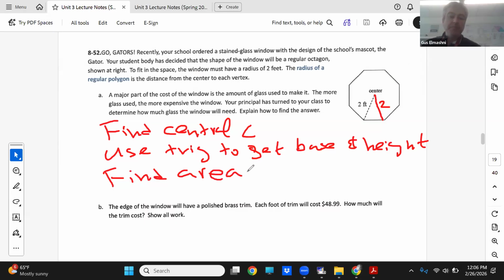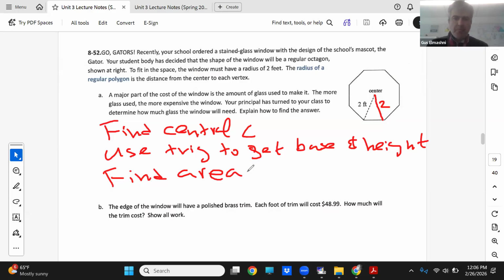And again, you're told that the radius of the octagon is 2 feet. The edge of the glass will have a polished brass trim. Each foot of trim will cost $48.99. How much will the trim cost?